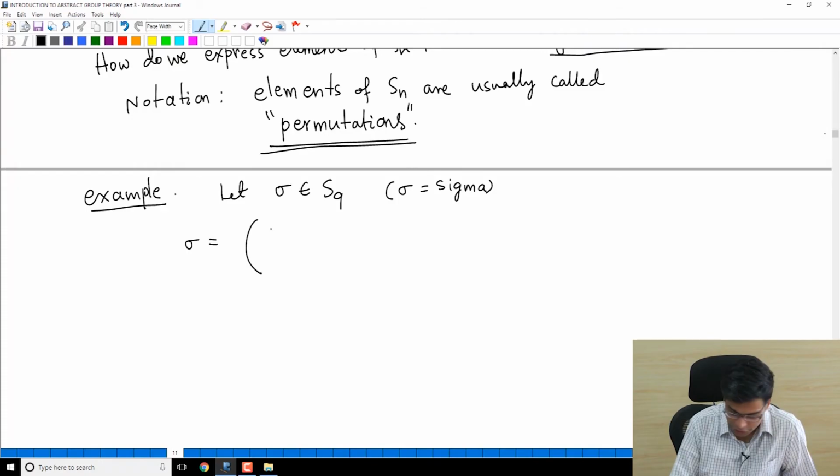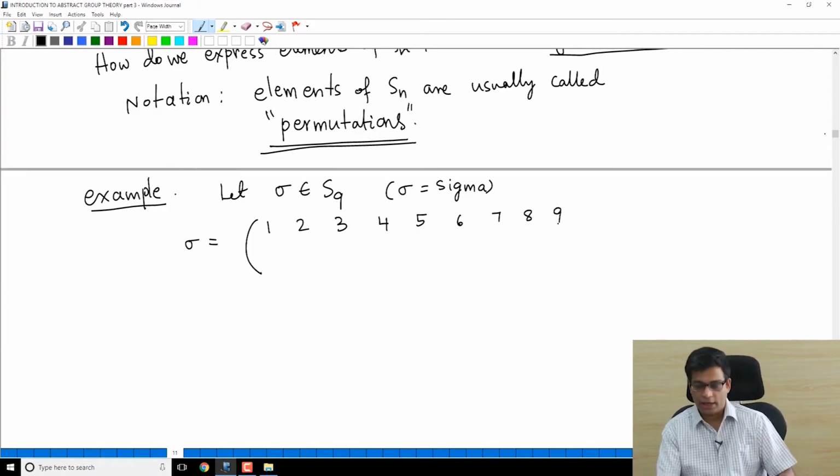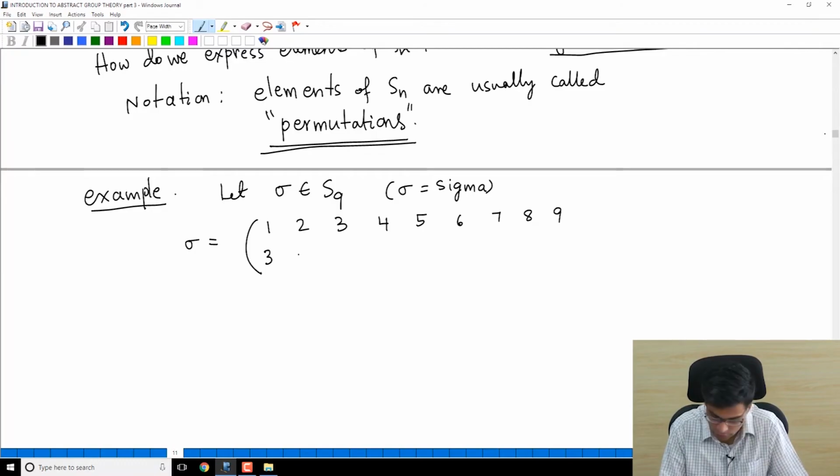Let's represent this as a matrix where the first row has all the 9 elements of the set 1, 2, 3 up to 9. So sigma is a permutation of it. So sigma sends 1 to 3, 2 to 4. The top row represents the letters, the bottom row represents where they are mapped under sigma.